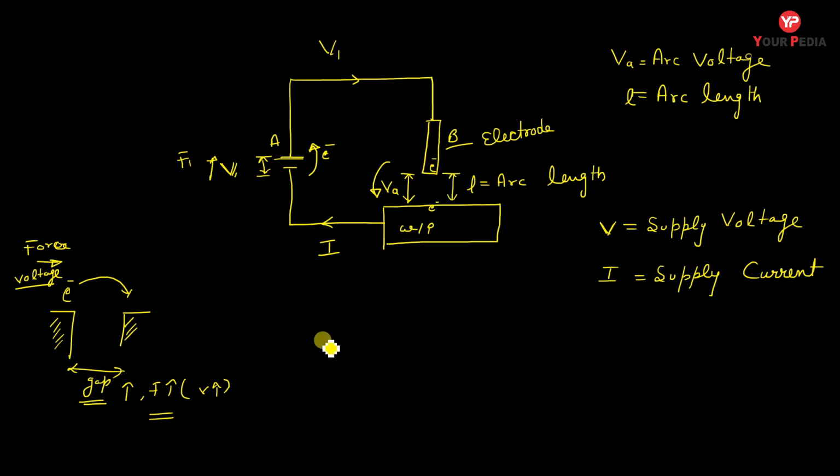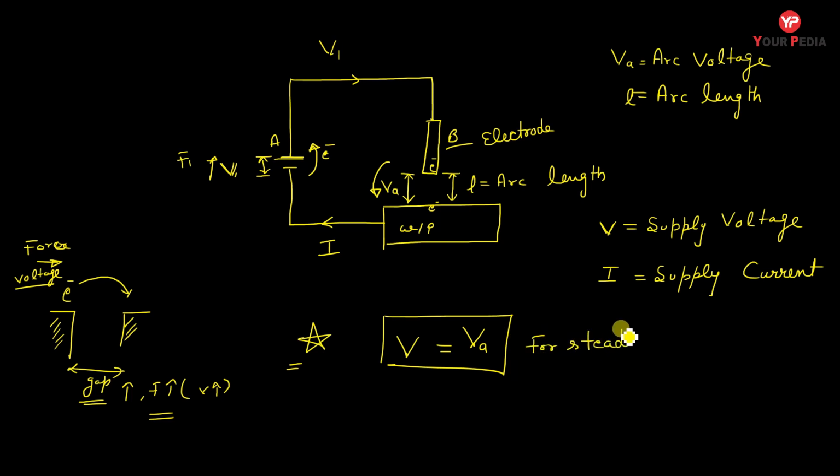So for continuous flow of current, or continuous flow of electrons, there is a condition which is very important. Remember that condition: the source voltage V must be equal to the arc voltage VA for steady state flow of current.